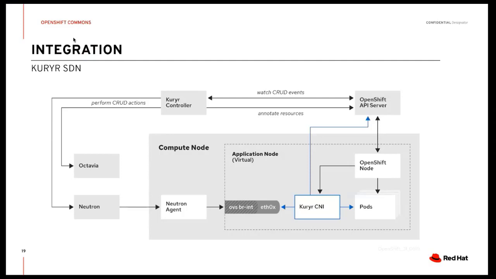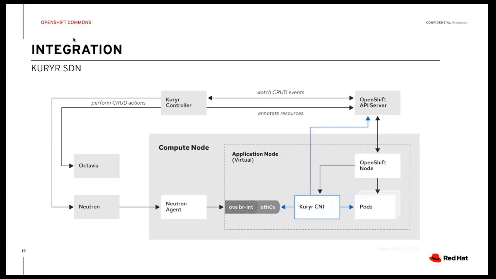The way that works is that every OpenShift node runs a pod called the Kuryr CNI pod, and the Kuryr CNI pod is responsible for interacting with Neutron. The Kuryr CNI pod will then request the resources from the OpenShift API server, which is being watched by the Kuryr controller, and the Kuryr controller pod actually runs on the infrastructure node.